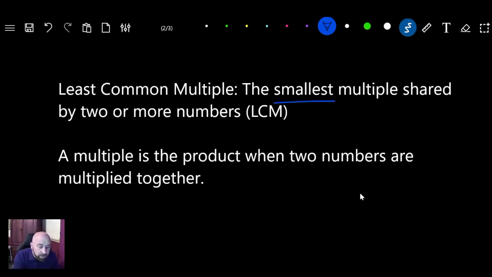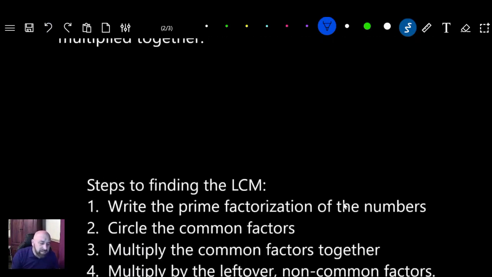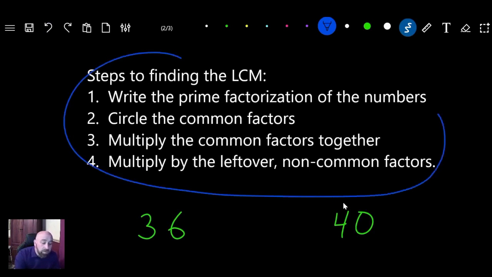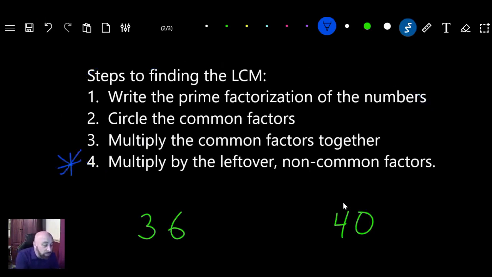So the smallest multiple shared, and that's that word common, shared by 2 or more numbers, is called the LCM. How do we find the LCM? Well, I'm glad you asked. We're going to find the LCM almost the same way that we found the GCF, except for we need to add one step. Okay? That's the only thing that we need to do here is add one step.